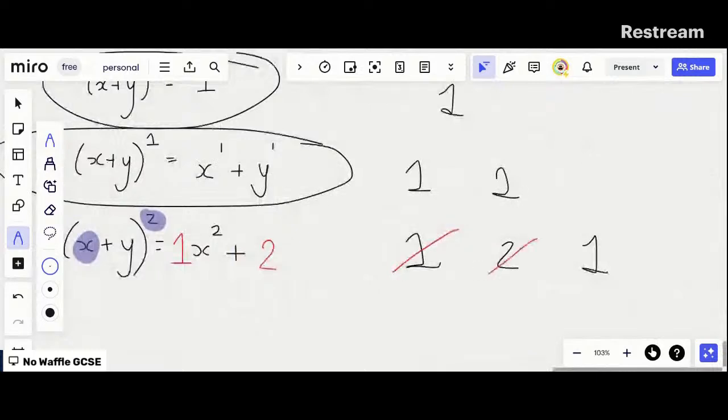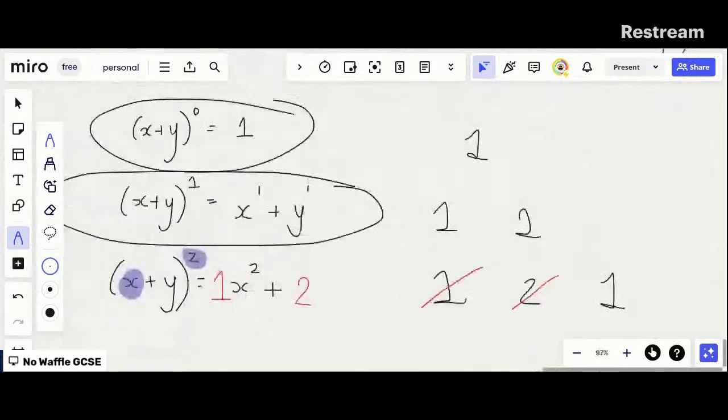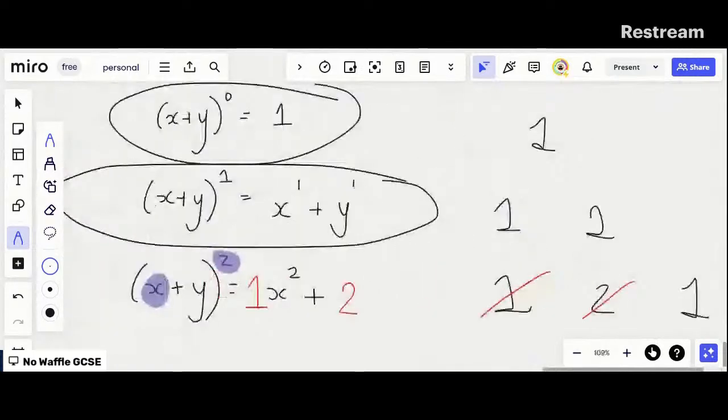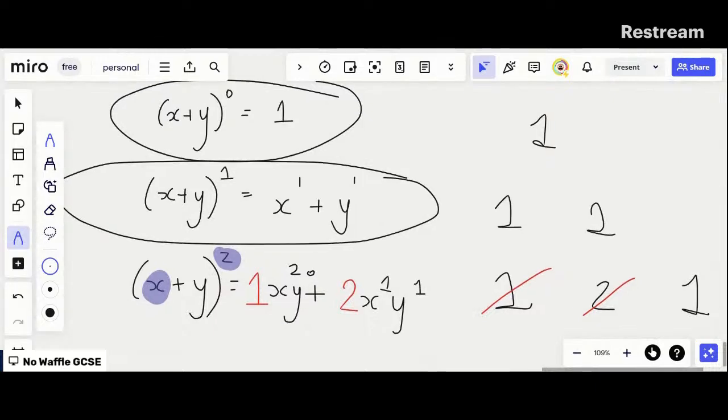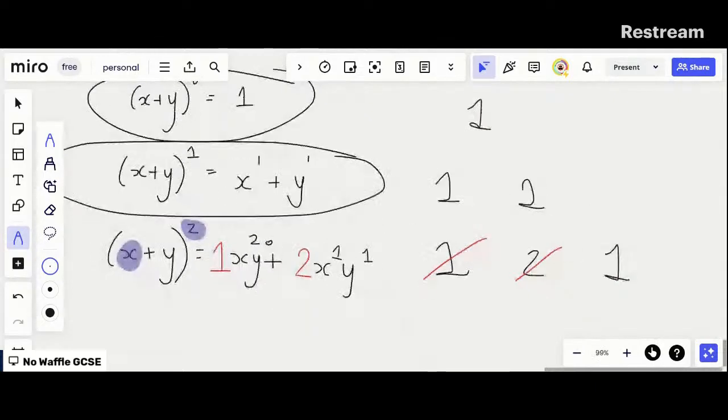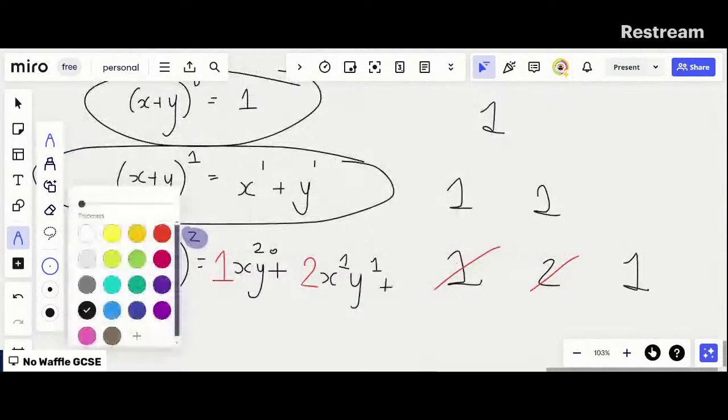And then what will the actual values be? Well, the x value decreases a power, so x goes from 2 to 1, and the y value starts increasing, so the y value goes to 1. You also have an invisible bit here which says y to the power 0. So you've got 1 x to the power 2 y to the power 0 plus 2 x to the power 1 y to the power 1. And then you have your next coefficient, 1.